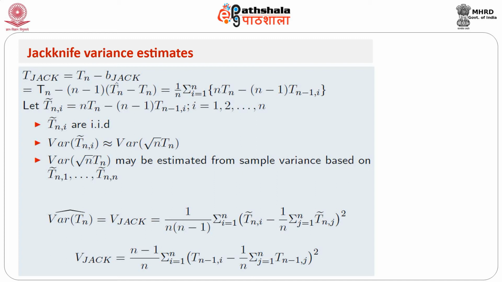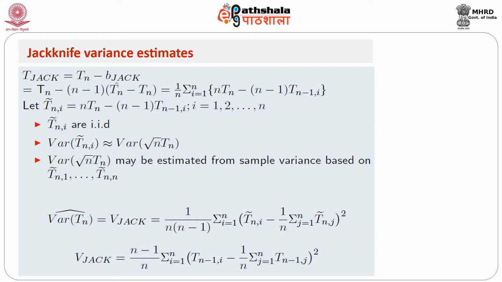So, let us define Tn-i tilde, which is n Tn minus n minus 1 Tn-1,i, for i equal to 1 to n. Then we can assume that the Tn,i tilde are all IID, and the variance of Tn,i tilde is approximately equal to the variance of root n Tn.